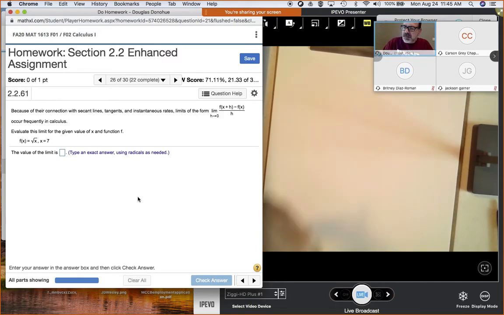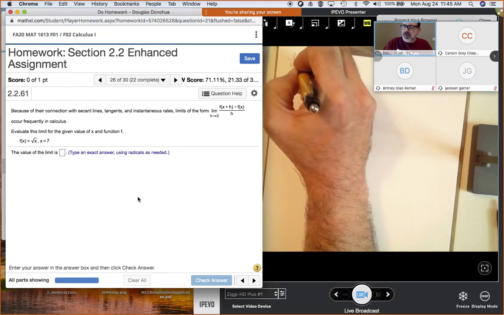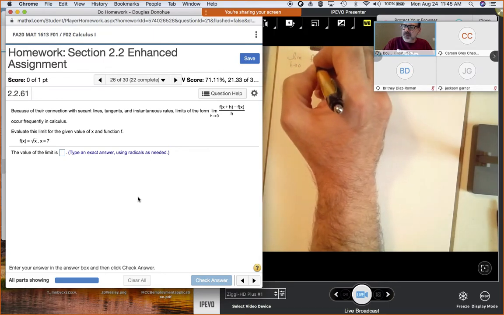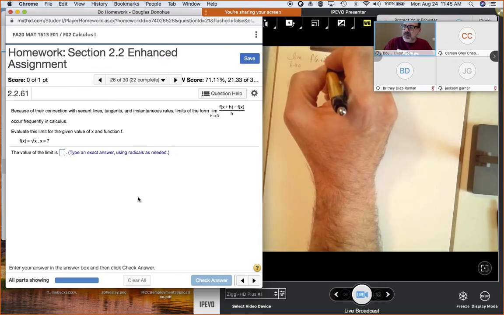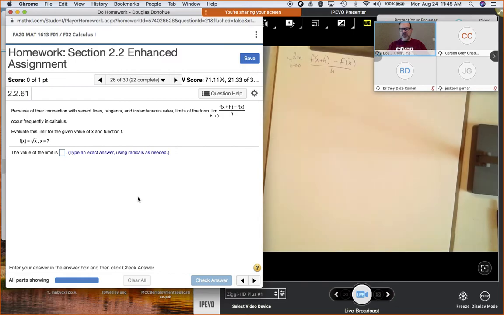So we've got the limit as h goes to 0 of f of x plus h minus f of x all over h. And remember the other day I talked about this as being the slope formula. y2 minus y1 over x2 minus x1, where the distance between x2 and x1 is h.